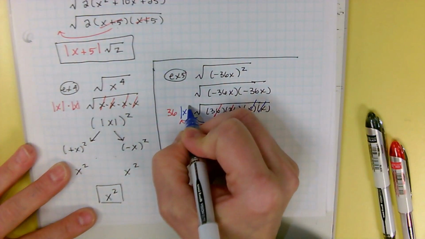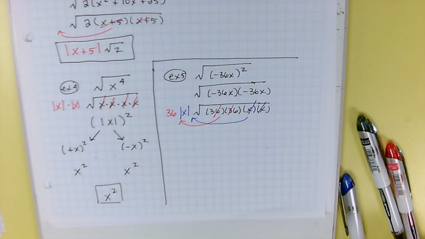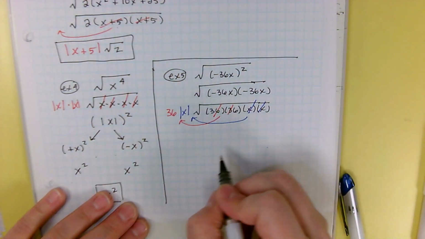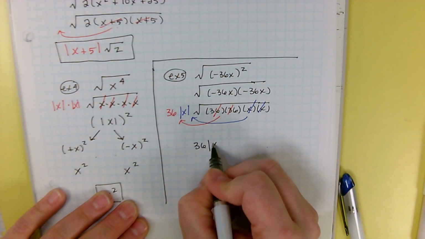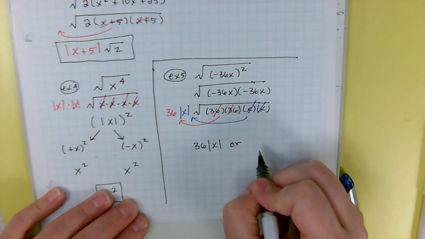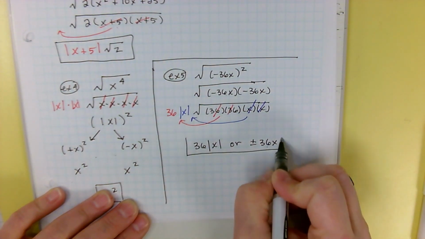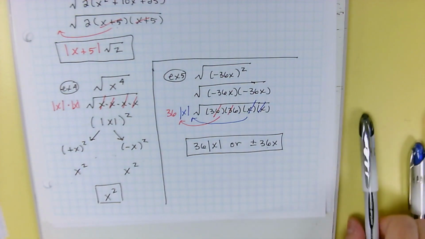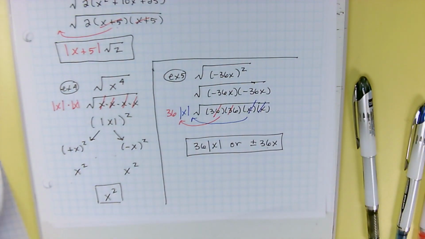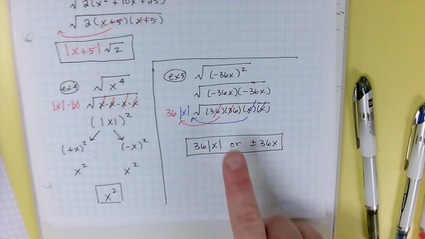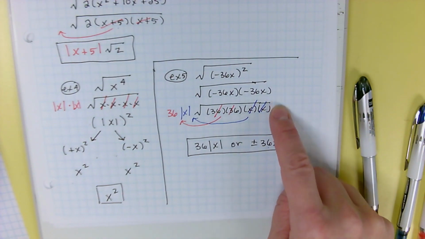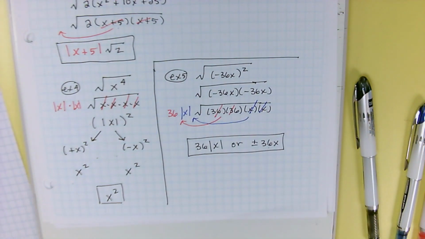That one is plus or minus, so I'm going to put it in absolute value bars. There's nothing left. So your answer is 36 absolute value of x, or plus minus 36x. So that's how you handle squares and cubes under a radical. Write them out with multiplication and then break each piece down.